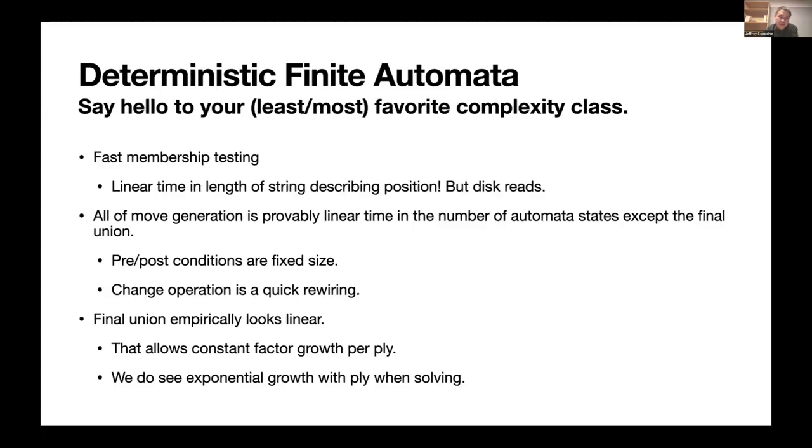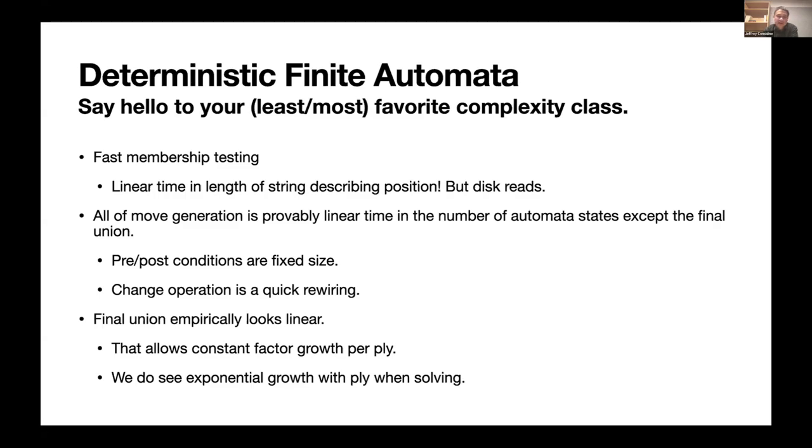So it's a linear time operation. And the change operation is essentially a quick rewiring from where there was a link with one value to a link with a different value. That leaves the last union, which frankly is the most expensive empirically, but it does look linear. It doesn't seem to vary a lot based on the size of the inputs.